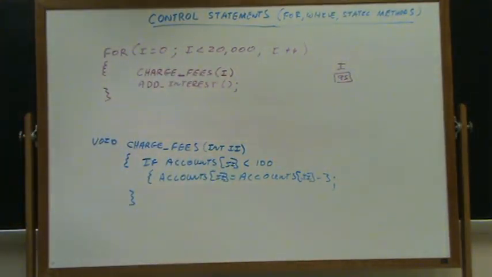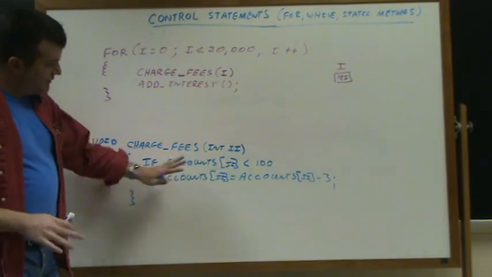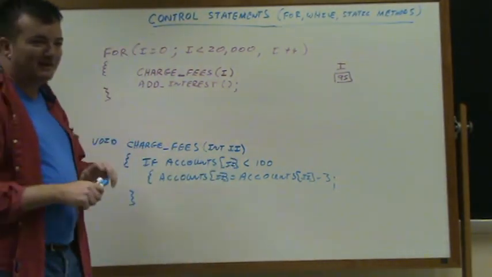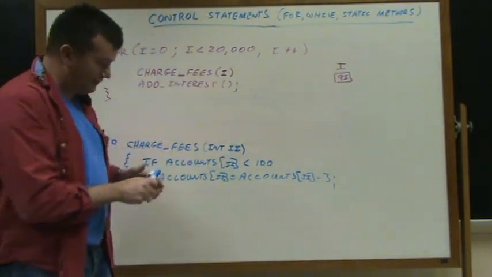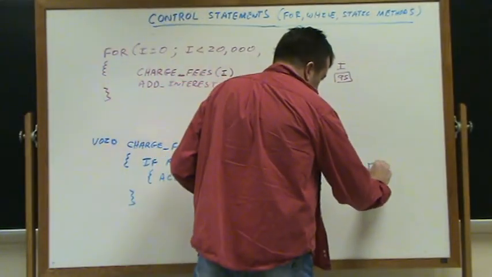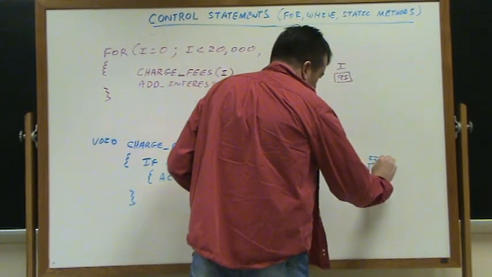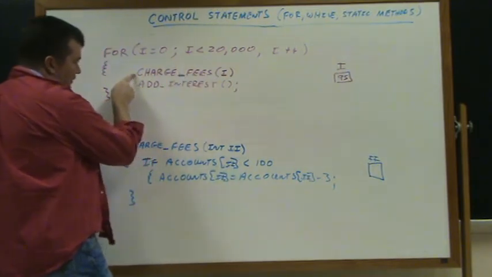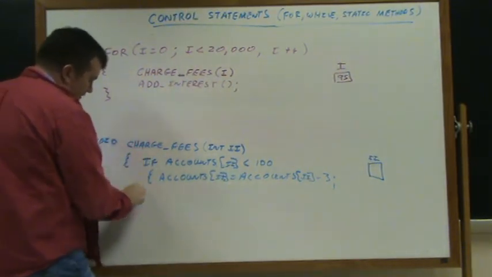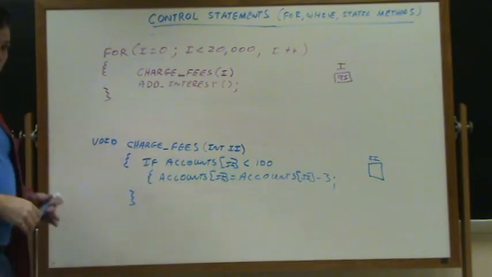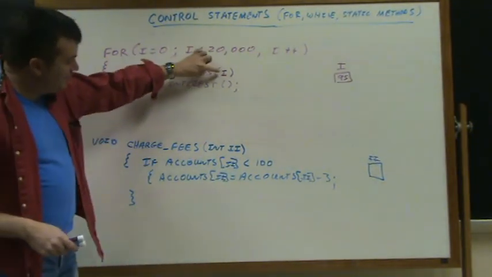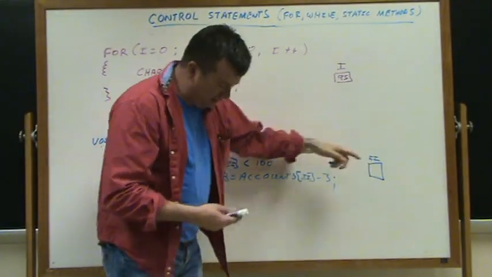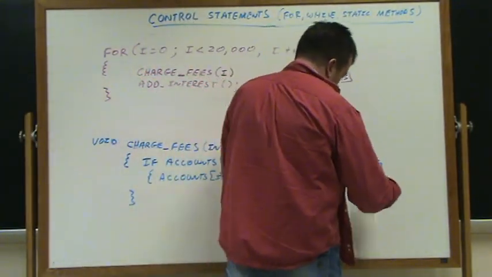If it's currently equal to 95, this function has a completely separate piece of storage, and I use the letter II just to make it understood they're different. This has its own piece of storage called II. When this method, charge fees, is called, you're saying, run this code and then come back here. But I want to pass the value of I, 95, I want that copied into here. So that copies the 95 into here.